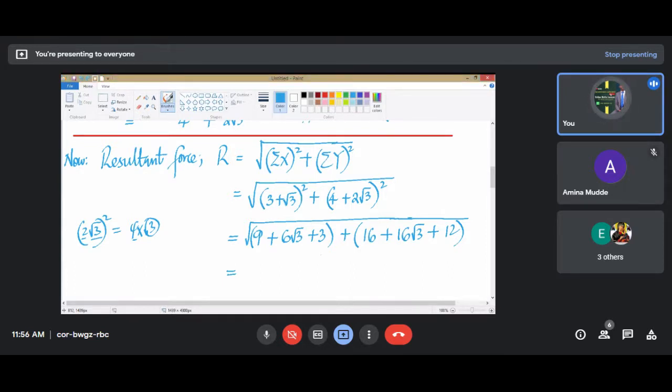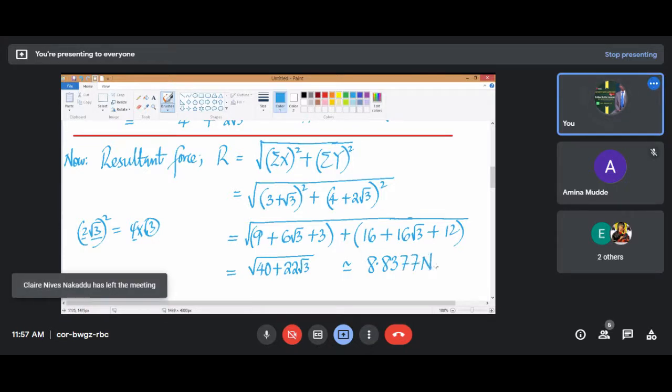All those are constants, landing at 40, plus 6 root 3 plus 16 root 3, which is 22 root 3. So right at that point you can approximate 40 plus 22 root 3. The square root of that answer is 8.8377 newtons.